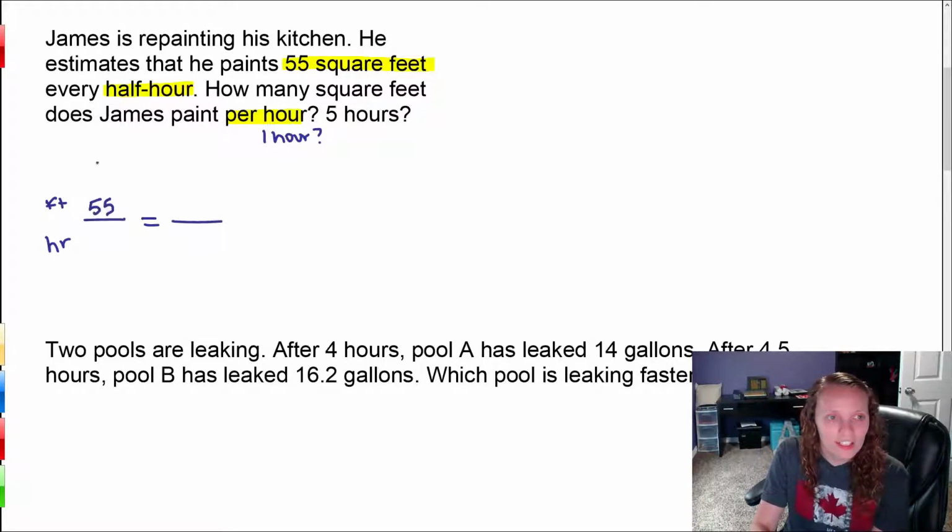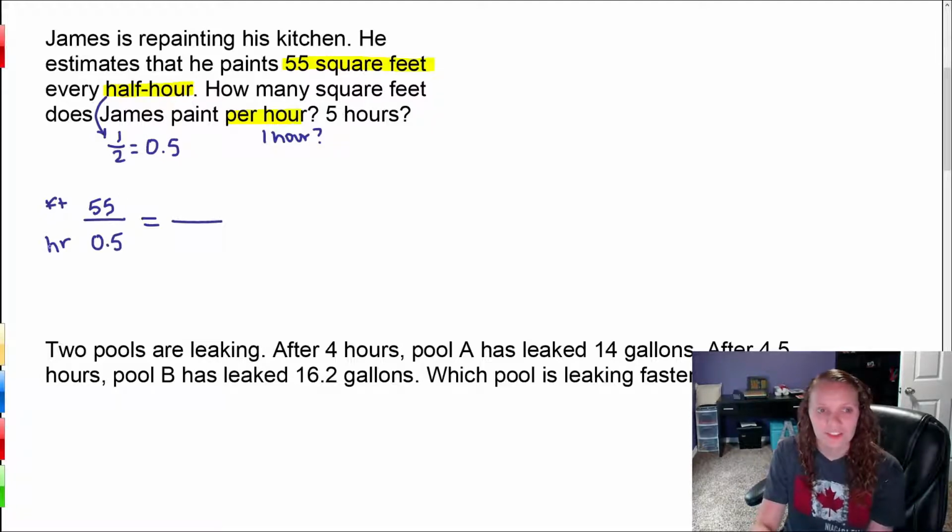Now, half of an hour is 30 minutes. We're not concerned about that. We're talking about hours here. Another way to write a half could look like a fraction, or it could look like a decimal, 0.5. So I'm going to use 0.5 since we're dealing with hours here.